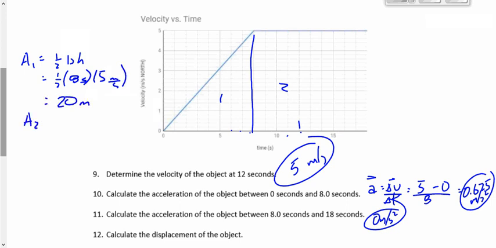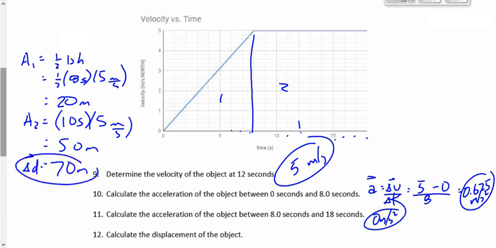The area of the second section, which is a rectangle, goes from 8 to 18, which is 10. And the height is 5. The displacement is going to be 20 plus 50, which is 70 meters.